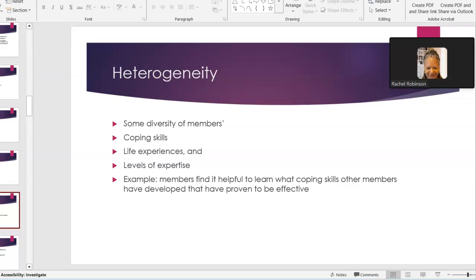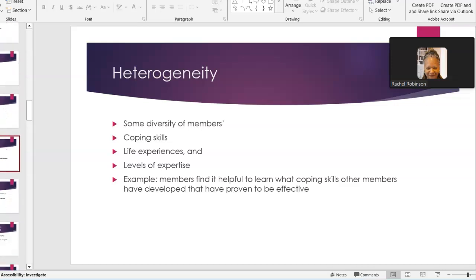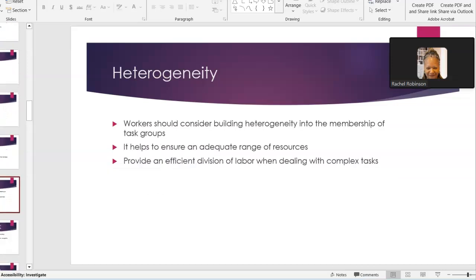So looking at coping skills, life experiences, levels of expertise, those types of things are important components of heterogeneity. Especially if this were a task group, you would definitely want to look at heterogeneity in terms of who best is equipped to address what aspect of the task.